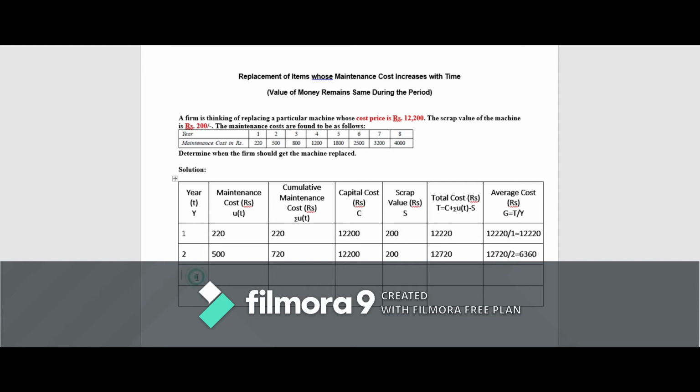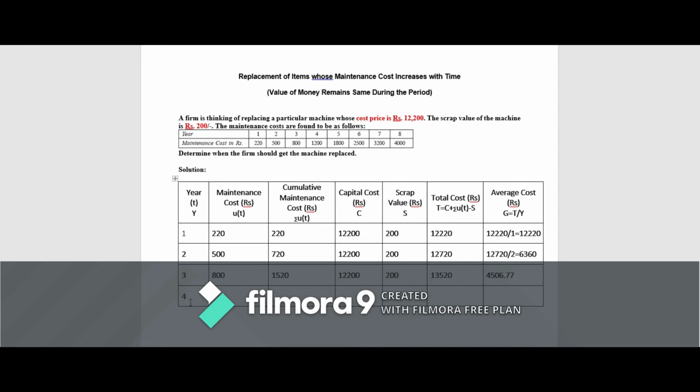For the third year, the maintenance cost is 800 rupees. Cumulative maintenance means 800 plus 720, that is 1,520. The capital cost is constant and the scrap value is also constant. The total cost will be 13,520 and the average cost is 4,506.77.